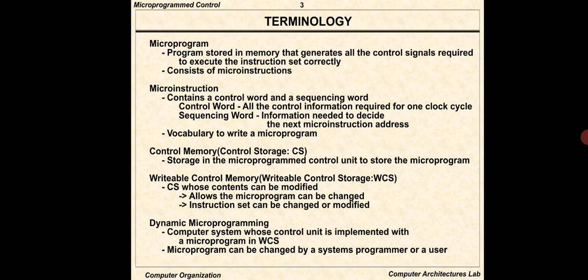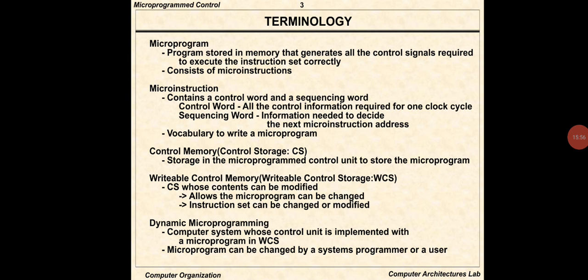In writable control memory, I am able to change my program. It allows us to change or modify my microprogram. Okay, the instruction set can be modified. That is known as a writable control memory, which is nothing but your writable control storage memory.